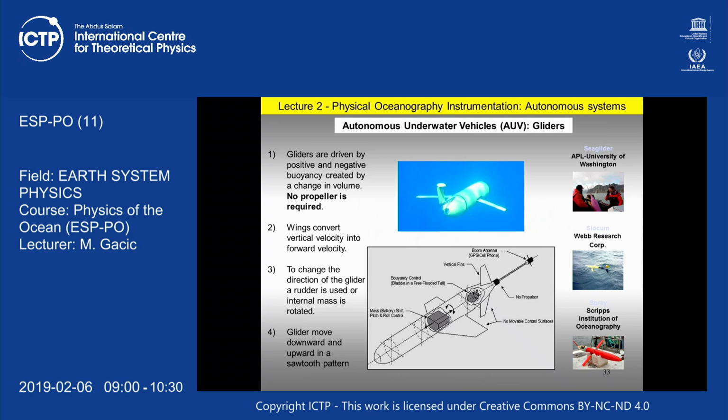Then we have gliders, which are underwater. All these autonomous systems do not need the presence of a man directly. So this is the glider, driven by positive or negative buoyancy created by a change in the volume, so no propeller is required.